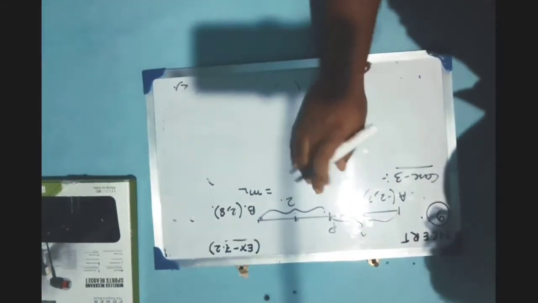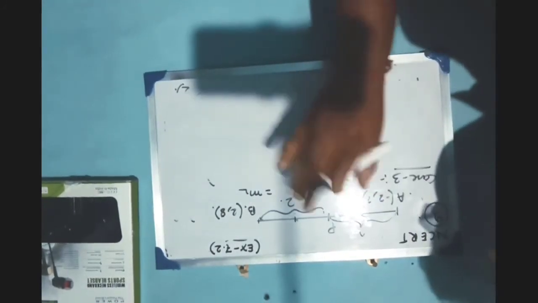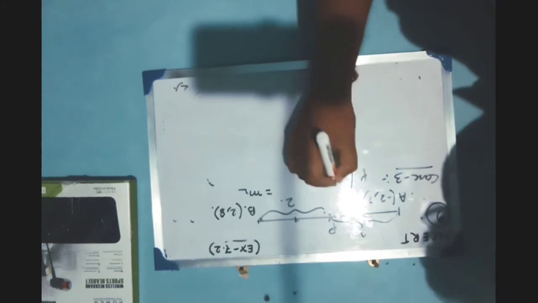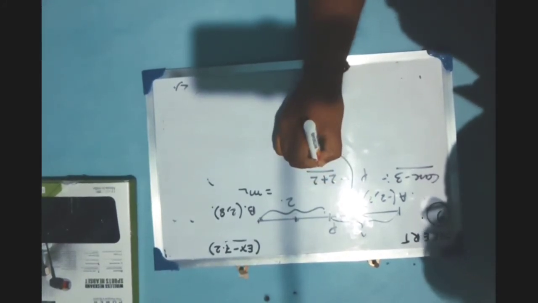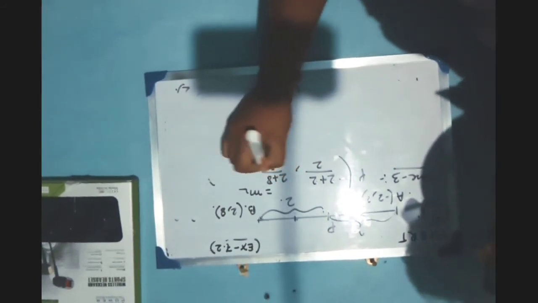So the coordinate of P should be, since P lies at the midpoint, in the middle of AB, minus 2 plus 2 by 2, comma 2 plus 8 by 2.